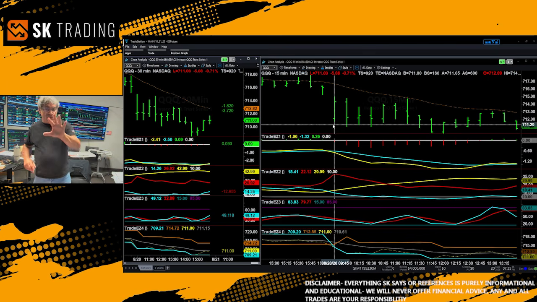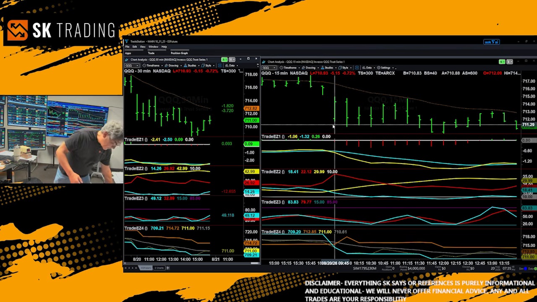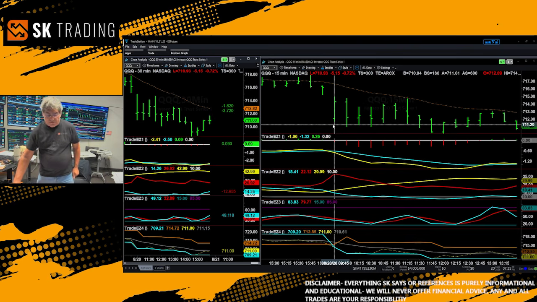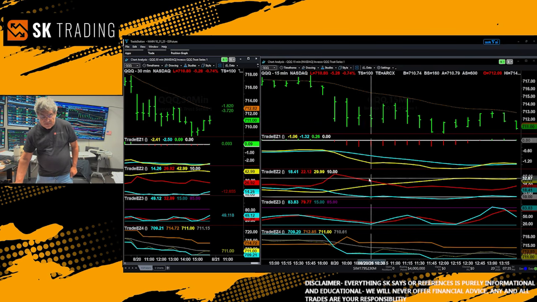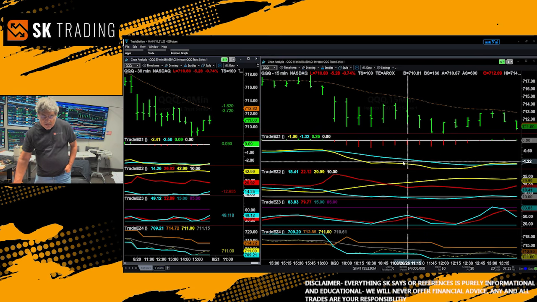Then I'm going to show you a 5-minute pattern that happened right after that. When you got this short on the sell reversal, what we look to do is short the first bounce on the 15. You can see the ADXs are rising and the MACDs are negative.